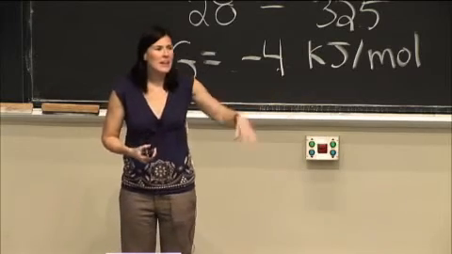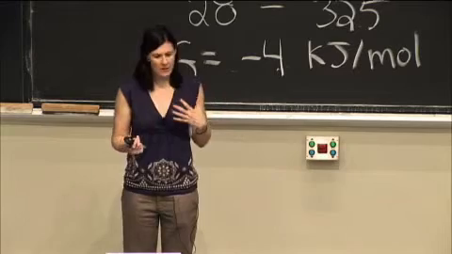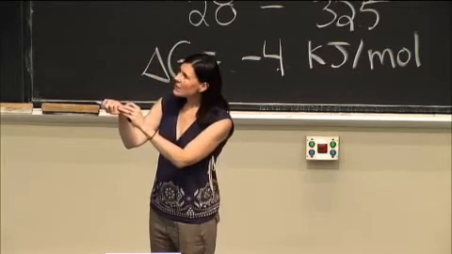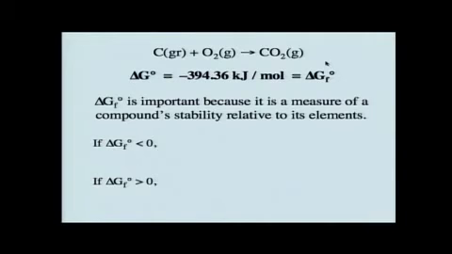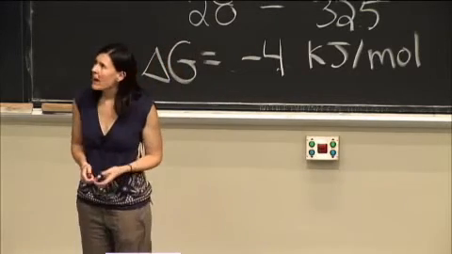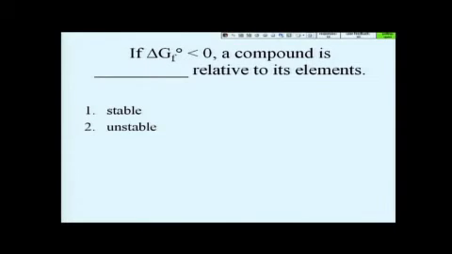For example, if something is really stable relative to its elements, we can think about whether delta G of formation should be negative or positive. So let's have you do one last clicker question here. If delta G of formation of actually forming a molecule is negative, would you say that the compound is going to be stable or unstable relative to the elements that the compound is made up of?